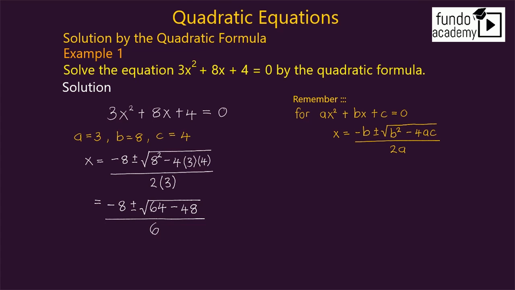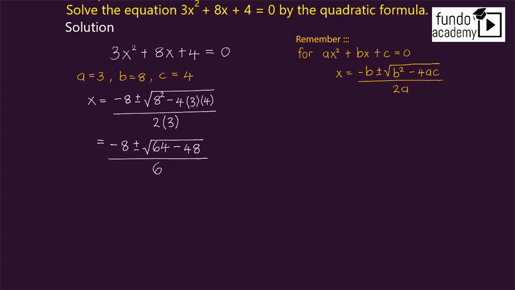Simplifying again, we'll have minus 8 plus or minus the square root of 64 minus 48, which is 16, and that's all divided by 6. Now we know that the square root of 16 is 4.